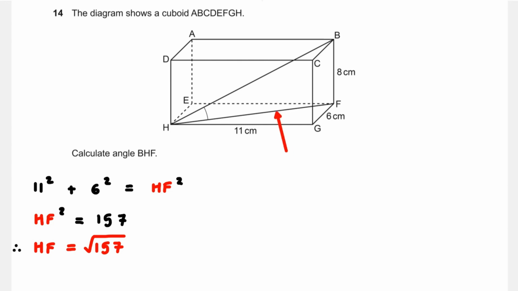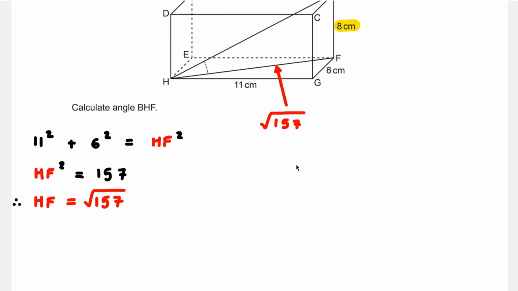I've got this length, which is the square root of 157. Now I've got this length, and what I can do is use trigonometry to work out this angle here. And I can do that because I've got the opposite and the adjacent.